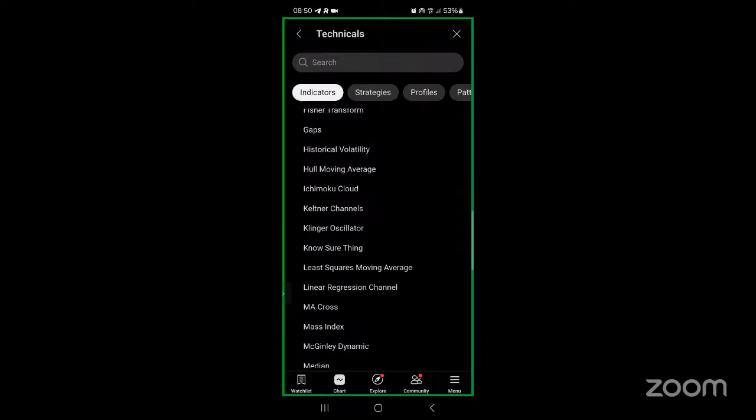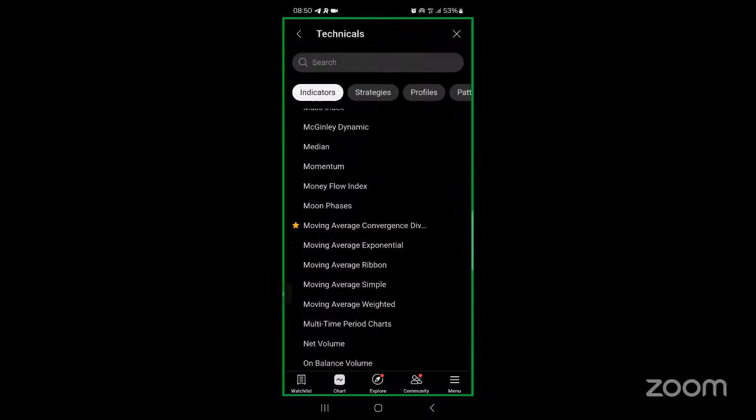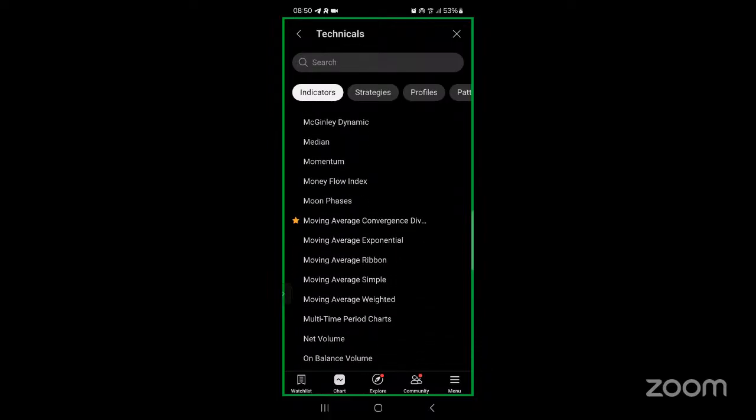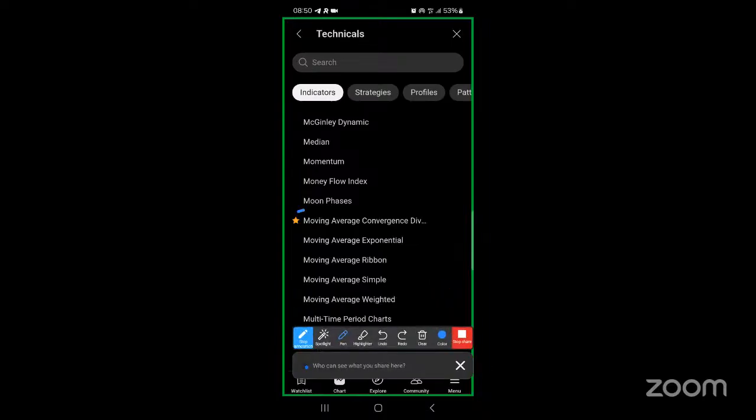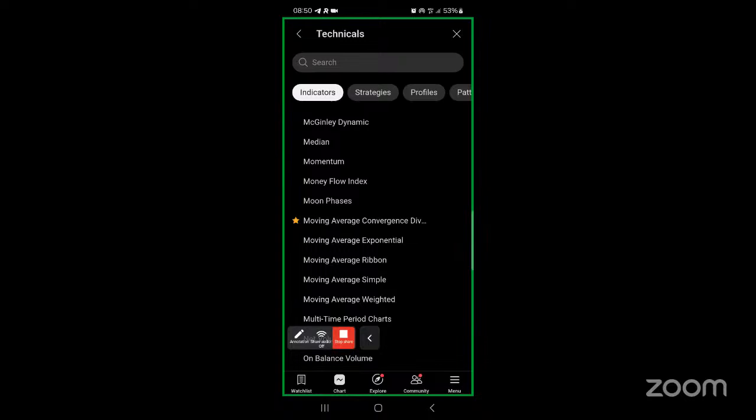That is the full name of the indicator. Altogether, moving average convergence divergence. Here it is. I put it on my favorites.